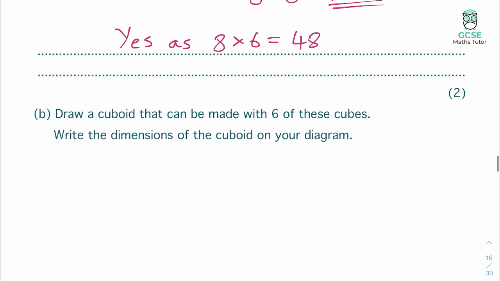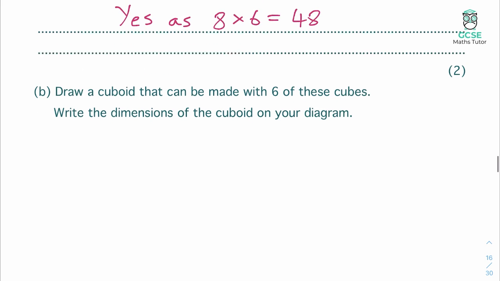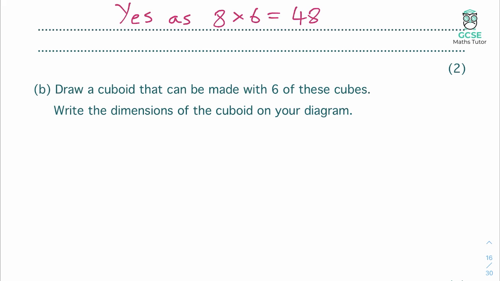Here it says draw a cuboid that can be made with 6 of these cubes. Write the dimensions of the cuboid on your diagram. Well, there's loads of different ways that you could do this. It's a bit awkward to draw actually, but we could just draw one long cuboid that's made up of 6 of these cubes, all just lined next to each other. So you could try and split it up into 6: 1, 2, 3, 4, 5, 6.